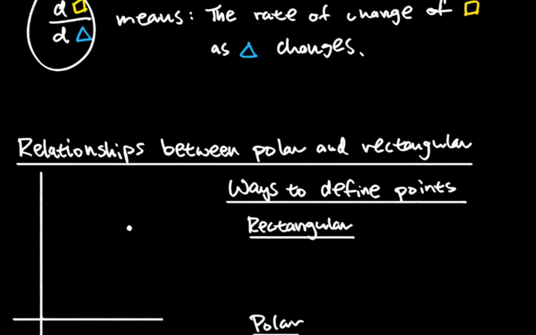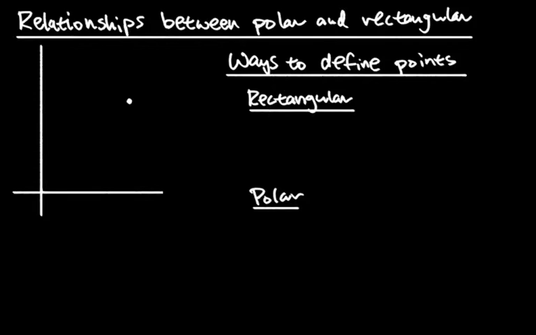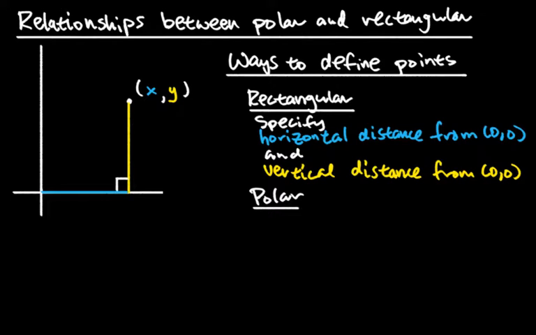So let's look at that relationship here between polar and rectangular so that we can bridge what we just talked about and really understand what is going on with polars. So this is a point, and there are a few different ways to define points on a graph. One way is rectangular. So you have an x distance from the origin and a y distance from the origin, so horizontal and vertical.